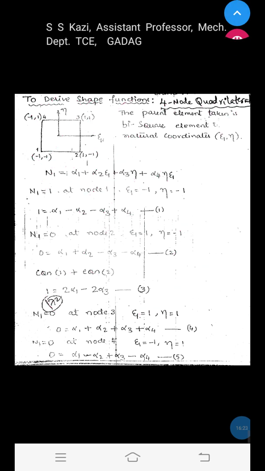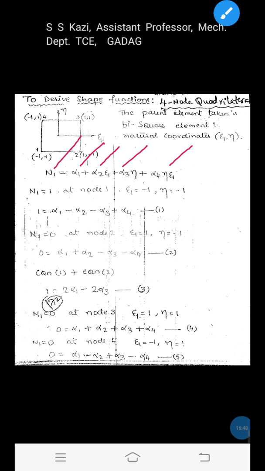Okay, now let us assume the shape function n1 is equal to the interpolation function, that is alpha 1 plus alpha 2 zeta plus alpha 3 neta plus alpha 4 neta zeta. What do you mean by that? Just now I used a1, a2, a3, a4 as the coefficients in the polynomial. You may assume alpha 1, alpha 2, alpha 3, alpha 4 are also coefficients in the polynomial.